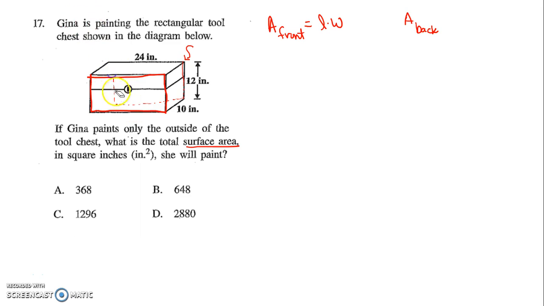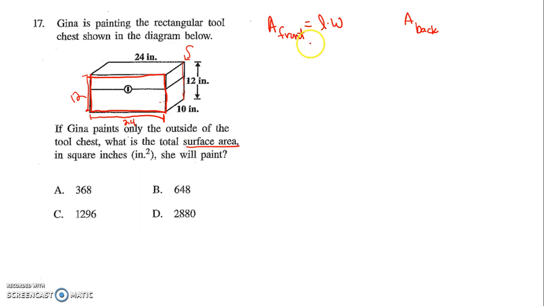So I'm going to go ahead and find the area of the front of this box, and I know the area on the back will match. So what are the dimensions on the front? Well, if this back here is 24, it's still 24 here. And what's this height here? Well, if it's 12 back here, still 12 here.